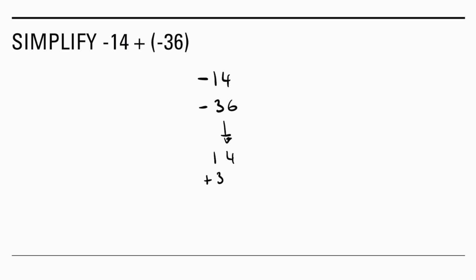Plus 36. Remember that negative 36, the opposite of that, if I flip the sign, would be plus 36. Now I just do this addition, and so I'll end up with 50. Now I need to make sure this sign gets flipped again. So it's positive 50, so it would be negative 50. So therefore, negative 14 plus negative 36 would be negative 50.